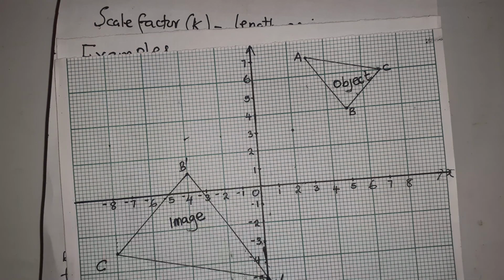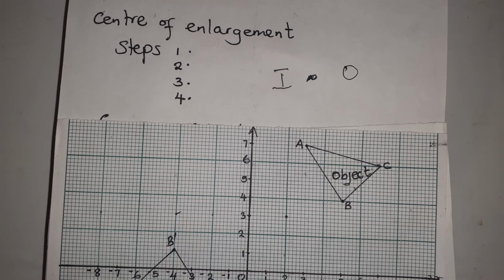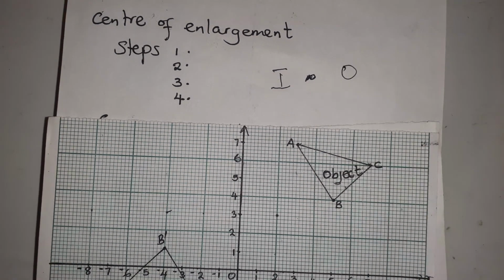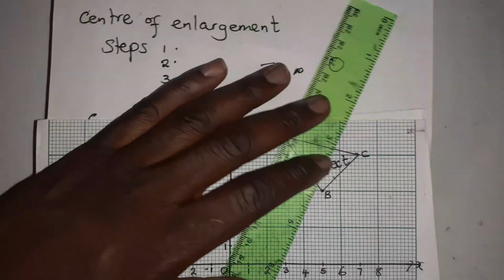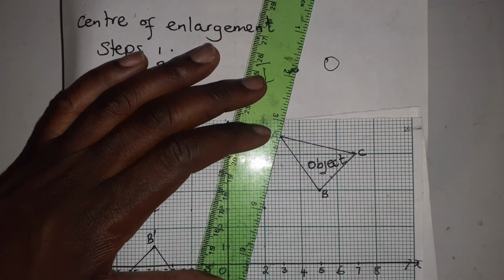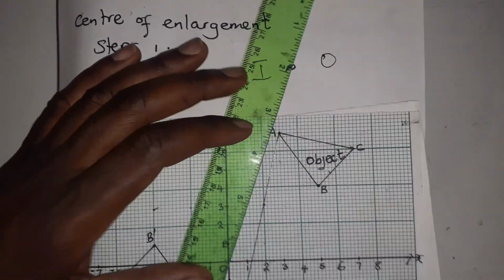So to find the center of enlargement, we said we join this point to its image. We are going to join this point to this image here, straight like this.